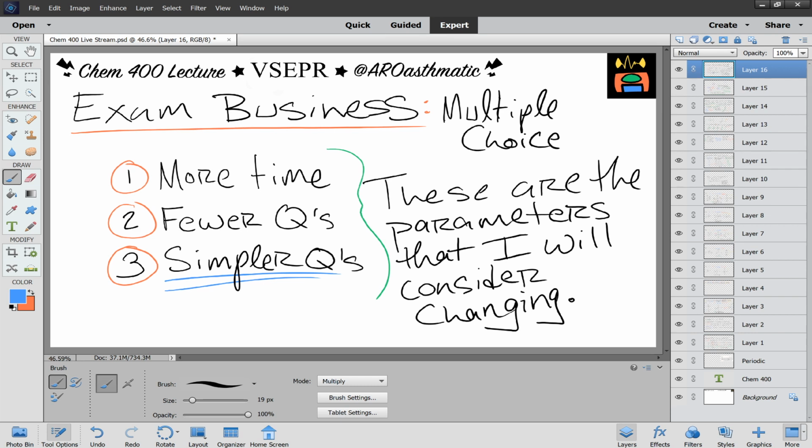Once I have those written up, I'll take a step back and ask, how hard are these? Are these about the same as the last exam? If they are, should I put fewer of them on there or give more time? Or are these easier questions? Hopefully that gives you a glimpse into how my brain is processing this.